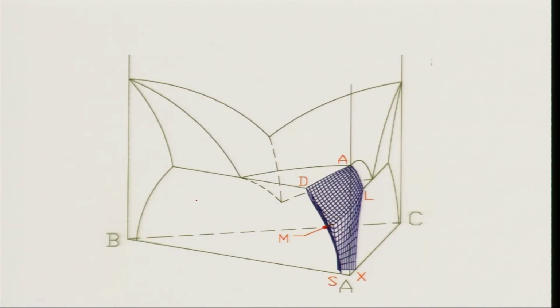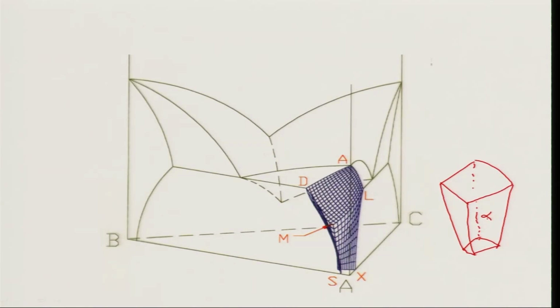I think this is alpha, between AB. So, this looks like this, if I draw it correctly. This is how it will look like, this is alpha.